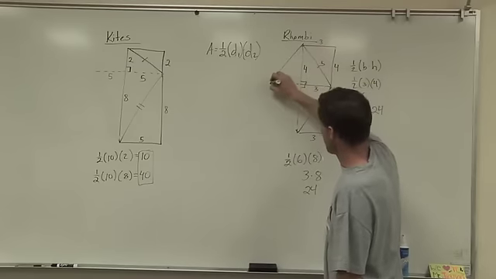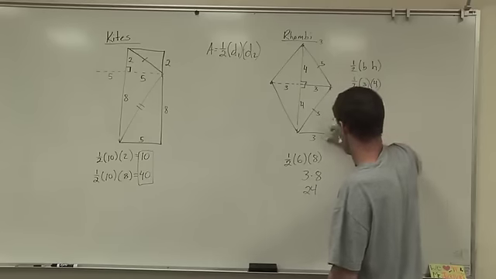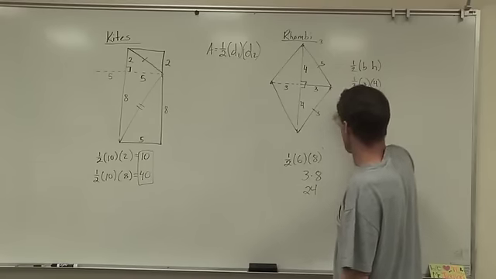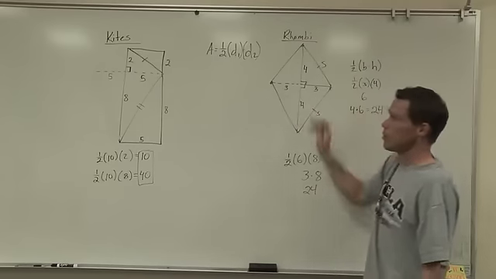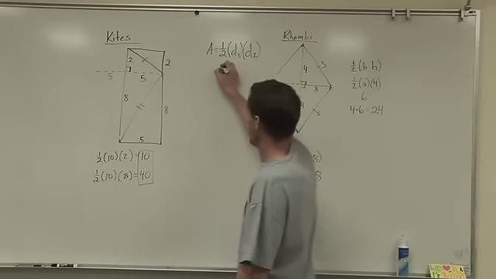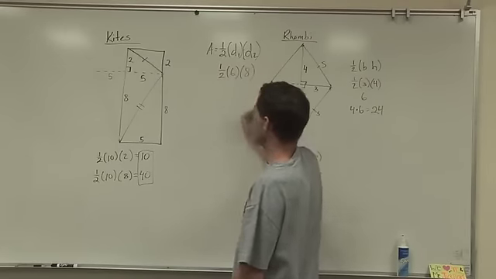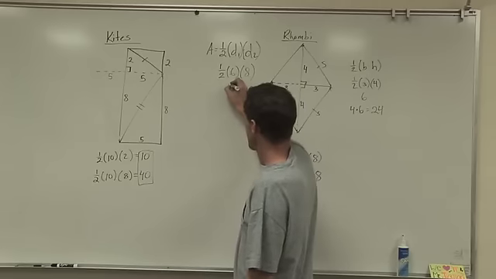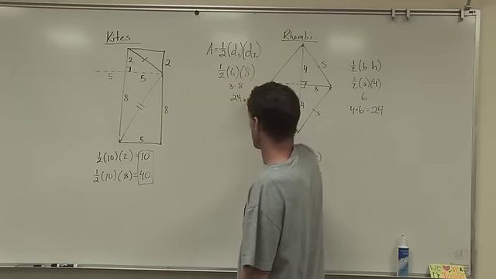Go back to the original rhombus, and now we can say that the area of a rhombus is 1/2 diagonal 1 times diagonal 2. 1/2 diagonal 1, which is 6, times diagonal 2, which is 8. 3 times 8 is 24 units squared.